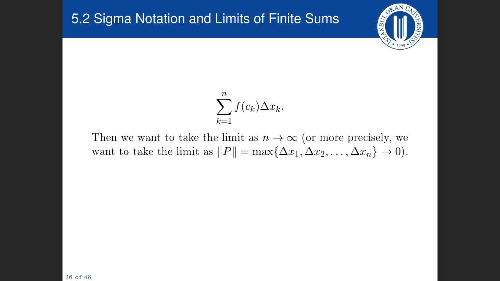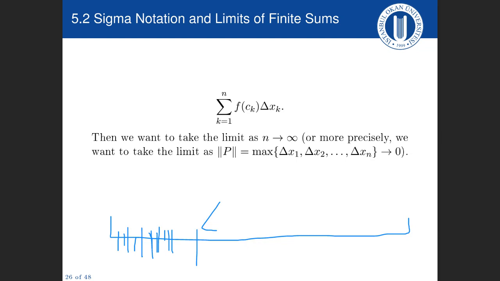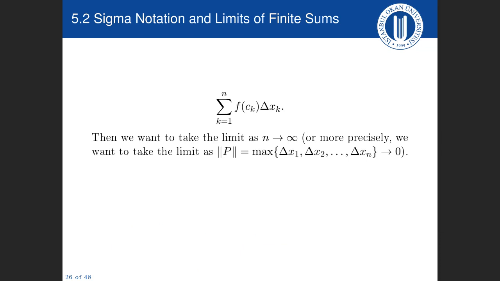And then we want to take the limit as n tends to infinity of this Riemann sum. But let me be more precise here. It's not okay if we have lots and lots of tiny intervals, which are getting smaller and smaller, and then we have one big interval. We don't want this. When we increase n, we want all of these little pieces to decrease. We want the width of all of the rectangles to decrease. So actually, we don't want the limit as n tends to infinity.